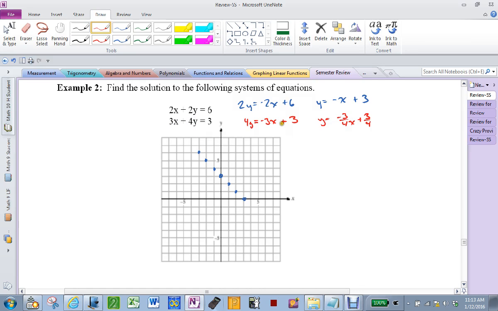My x-intercept is when y is 0, so 3x equals 3 and x equals 1. So I can put a 1 right there. I know my slope is negative 3/4, so I can go down 1, 2, 3, and over 1, 2, 3, 4.